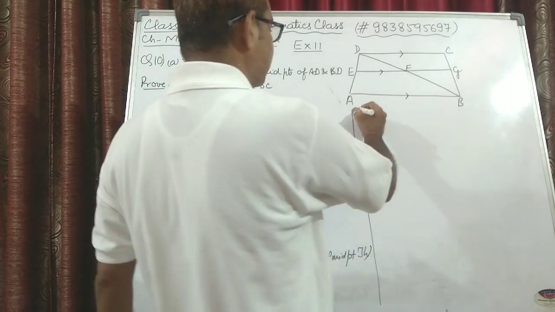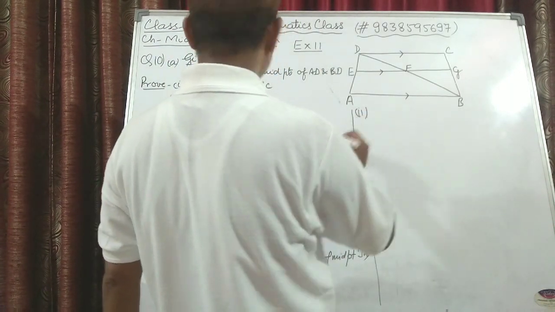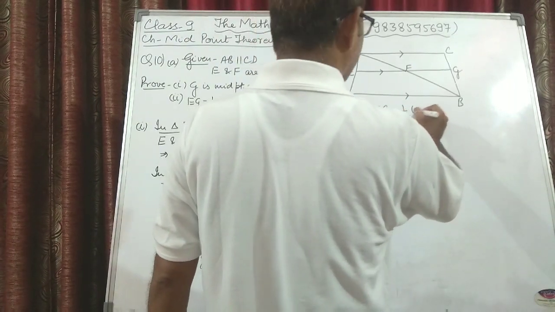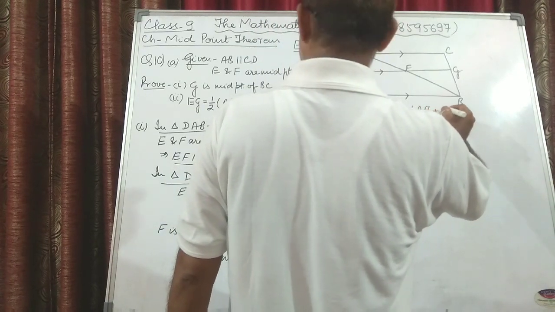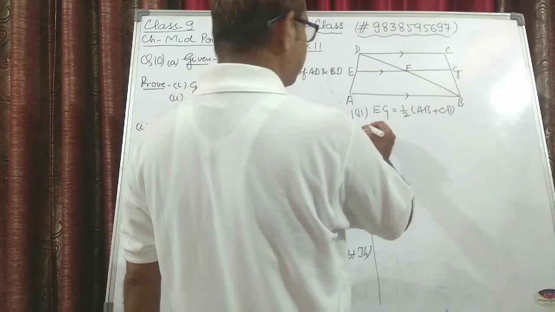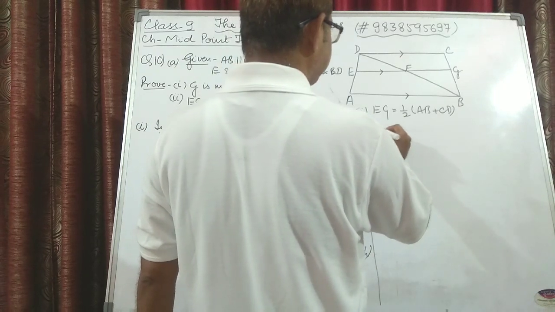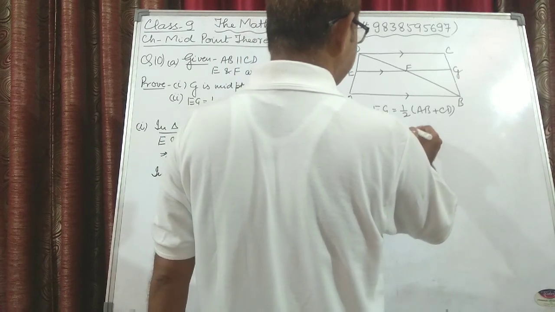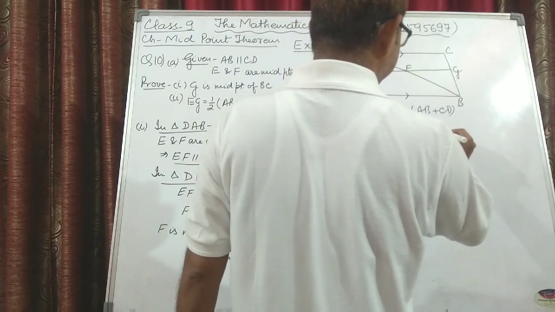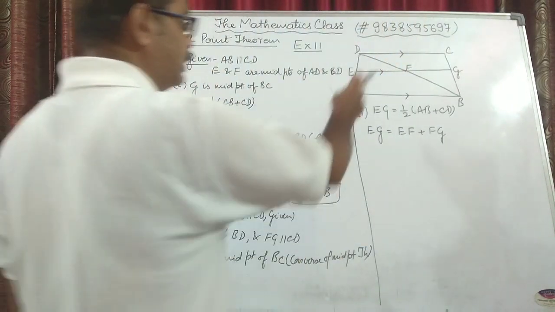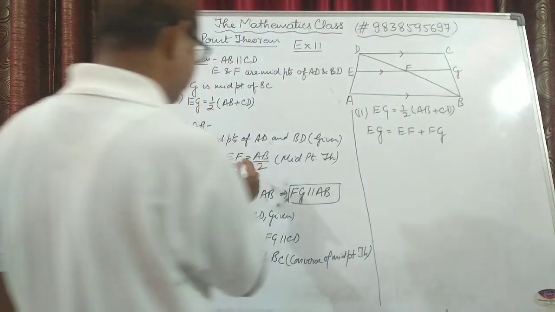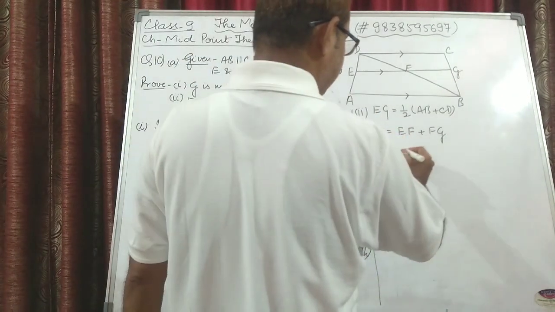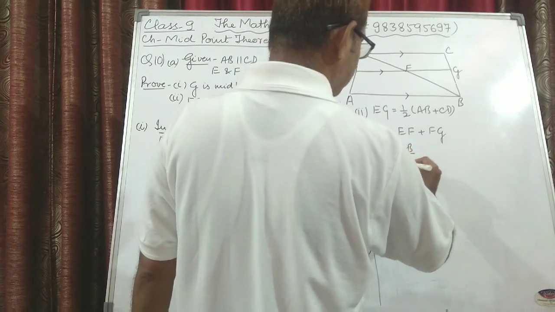Now we move on to the second part. We have to prove that EG is equal to half of (AB plus CD). EG can be broken into two parts: EG can be written as EF plus FG. We have proved that EF is parallel to AB and half of AB, so in place of EF we can write AB upon 2.